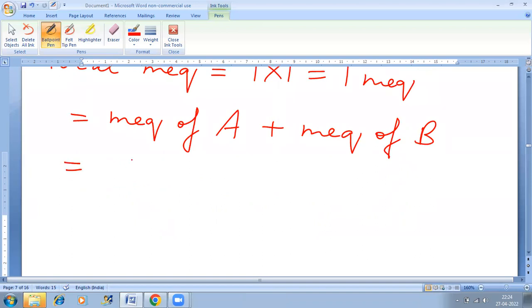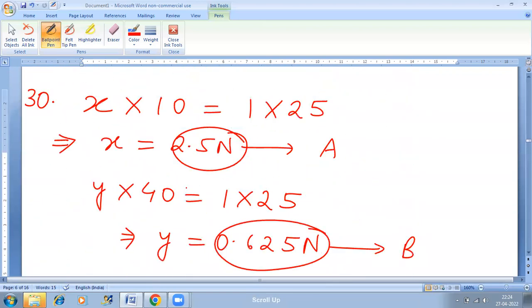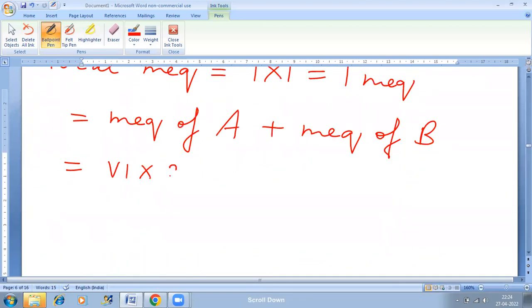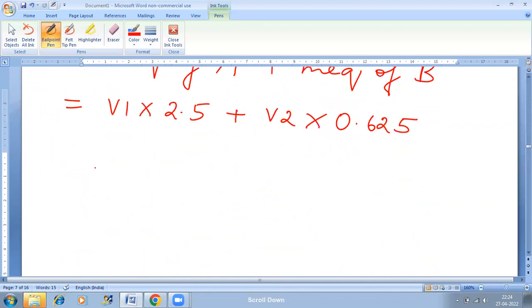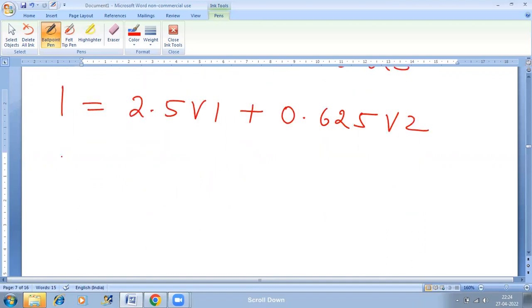Normality into volume in ml. V1 into normality of A, how much is it? 2.5. And V2 into 0.625. So 1 is equal to 2.5 V1 plus 0.625 V2.